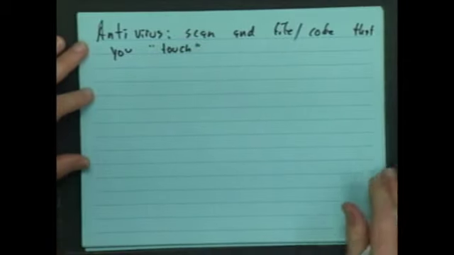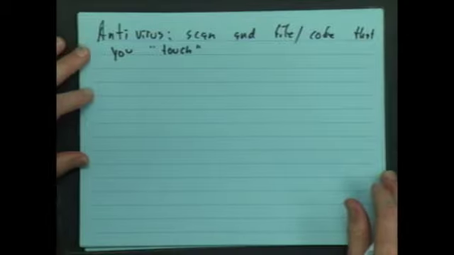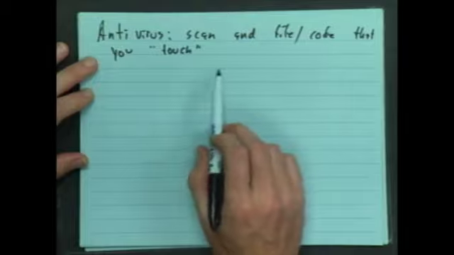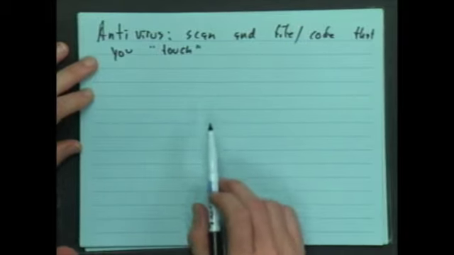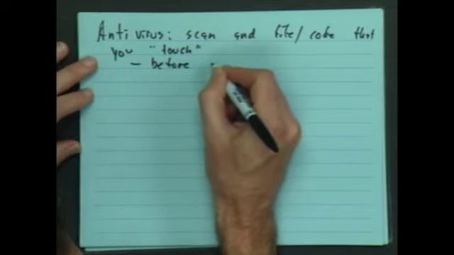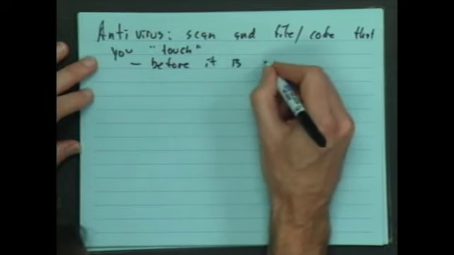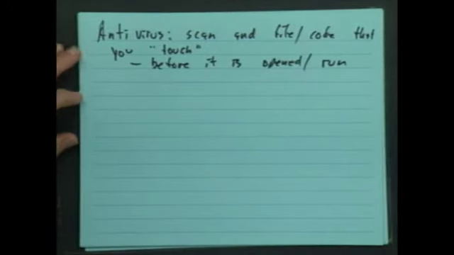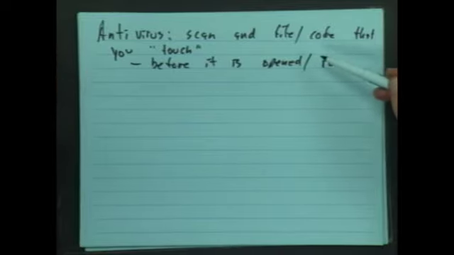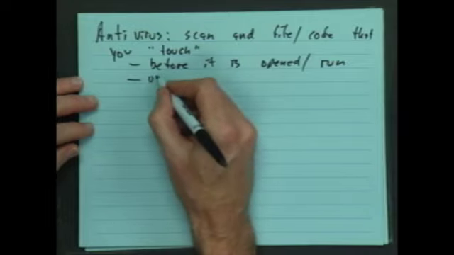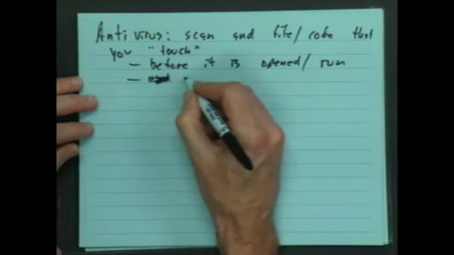So the whole purpose of your antivirus software is it's supposed to scan when you touch something and see if there's a virus there before it runs. Okay. So it needs to check and see that the stuff you're touching is okay. Now, this worked for a long time. Well, it is.